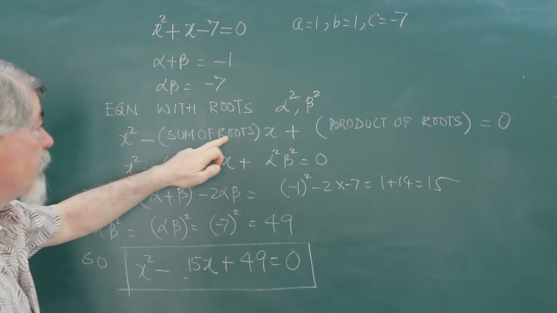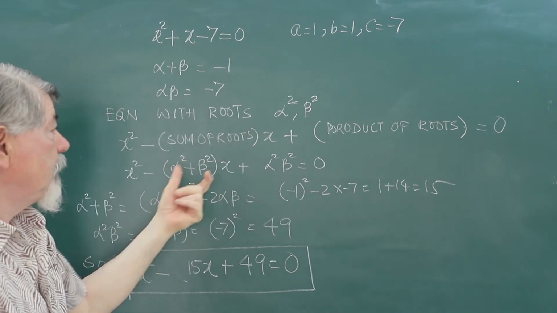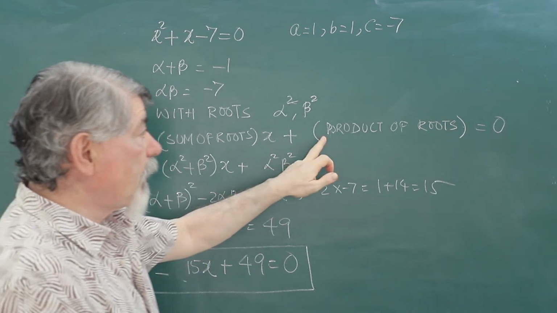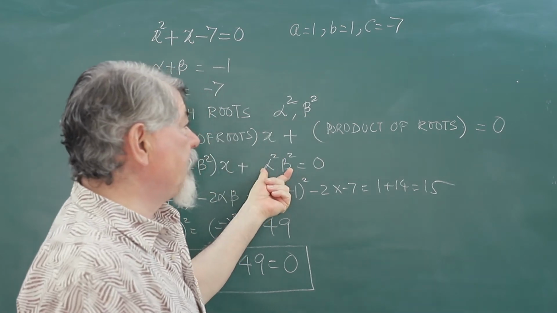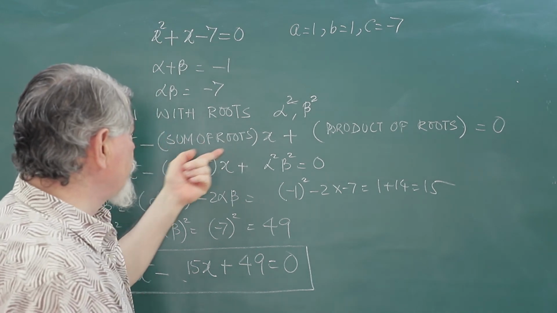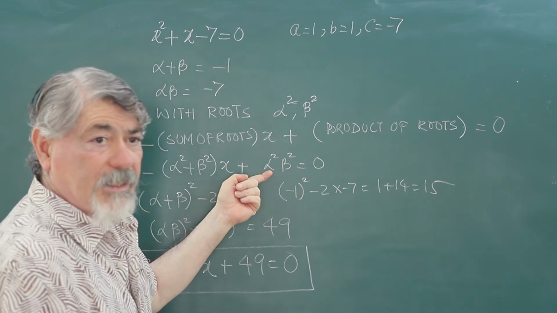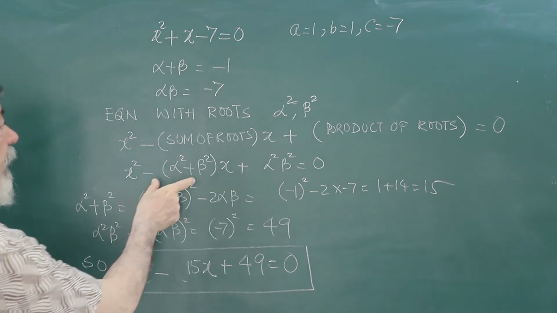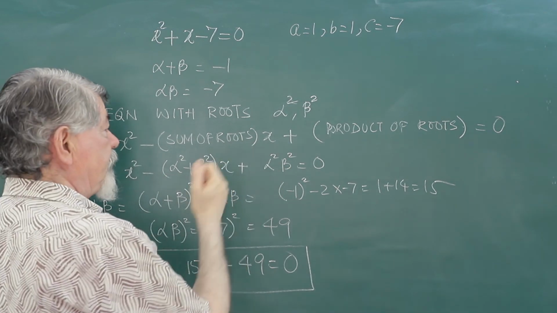Now, sum of the roots here means he wants the roots to be alpha square, beta square. So, sum of the roots will be alpha square plus beta square. Product of roots, alpha square into beta square. We put the value of sum of the roots here, alpha square plus beta square, and product of roots as alpha square, beta square. Then we have to find the value of alpha square plus beta square, and alpha beta we know.